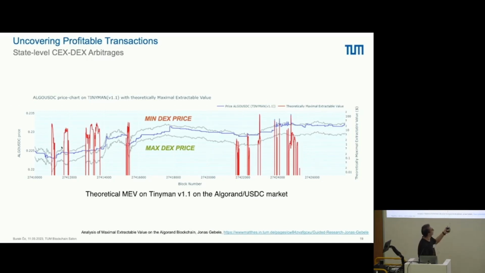The red vertical lines quantify that extractable value. You can see a further explanation of this in my student Jonas's poster presentation today. If you sum this value up over all DEXs, you will get an intuition about how much centralized exchange, decentralized exchange arbitrage exists on Algorand.